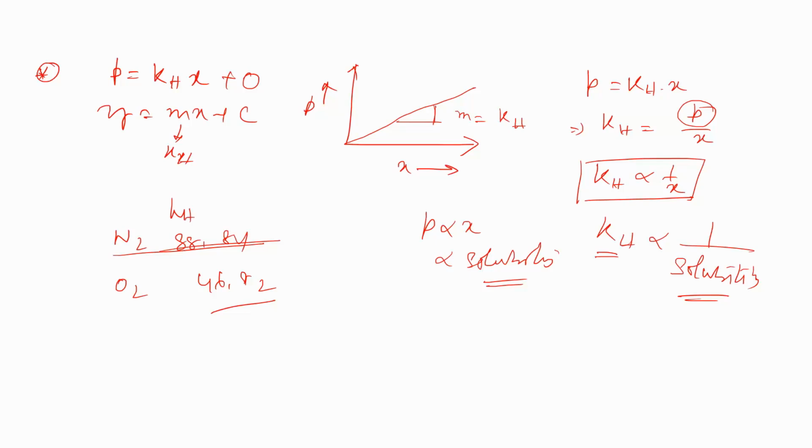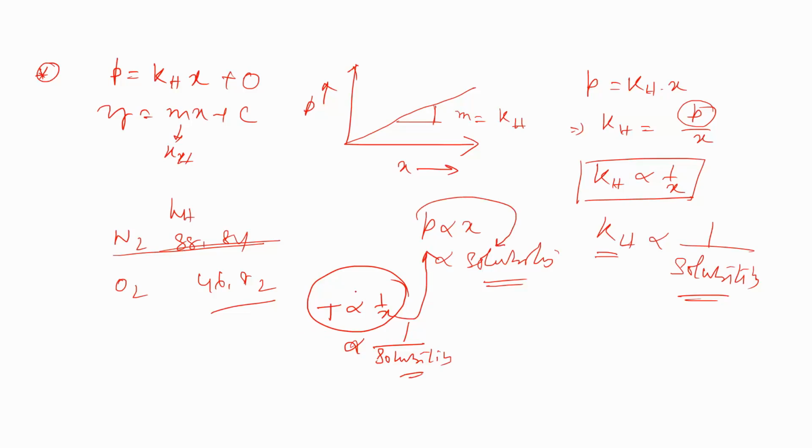There is also the effect of temperature. Whatever we have seen till now is the effect of pressure. Now we are discussing the effect of temperature. It says that the temperature T varies as 1 by x. When we increase the temperature, the solubility will decrease, because the mole fraction is proportional to the partial pressure, which is proportional to the solubility.